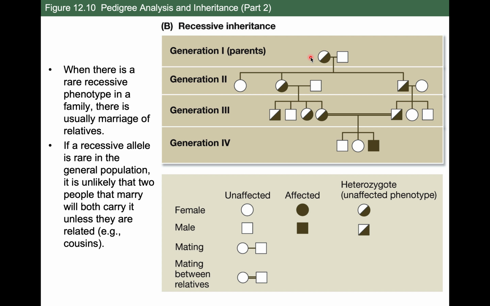Whereas in recessive inheritance, that's always characterized by these traits skipping generations or skipping multiple generations and then suddenly appearing, which is what we're really seeing here. So in this case, really the only individual that actually has the trait here is this one down here in generation 4 that's shaded in.